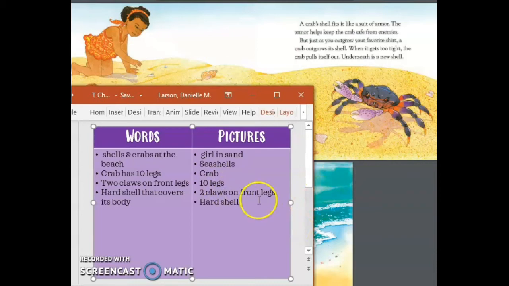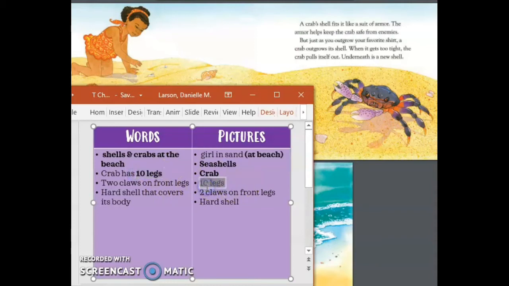Okay, so now I am going to look at my T-chart and see what's the same in the words and the pictures. Shells and crabs at the beach. So in the picture, I see shells and crabs, and I see a lot of sand, so I assume they're at the beach. So I'm going to put at the beach. Okay, I see seashells and crabs. The crab has 10 legs.